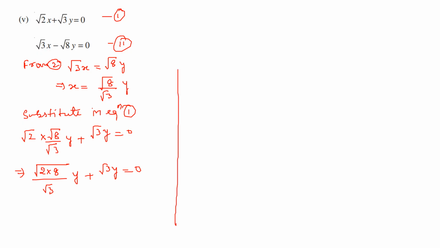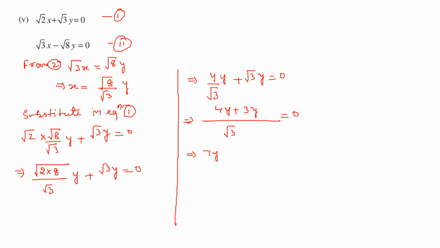And root 2 into root 8 is root 16 and root of 16 means it is 4. So 4y by root 3 plus root 3 y equal to 0. And if you take LCM, LCM will be root 3. So it will become 4y plus 3y equal to 0 into root 3.